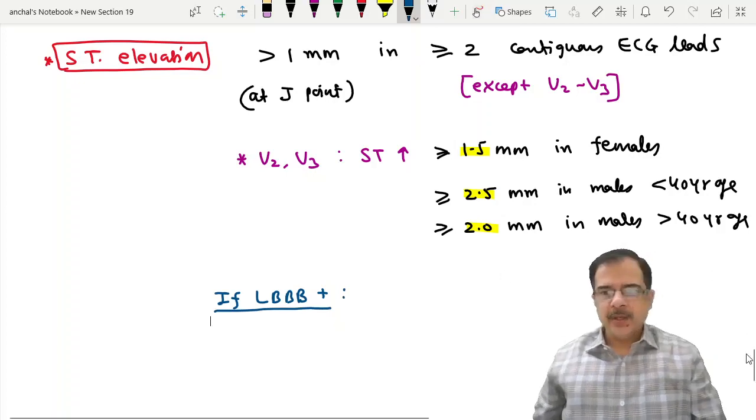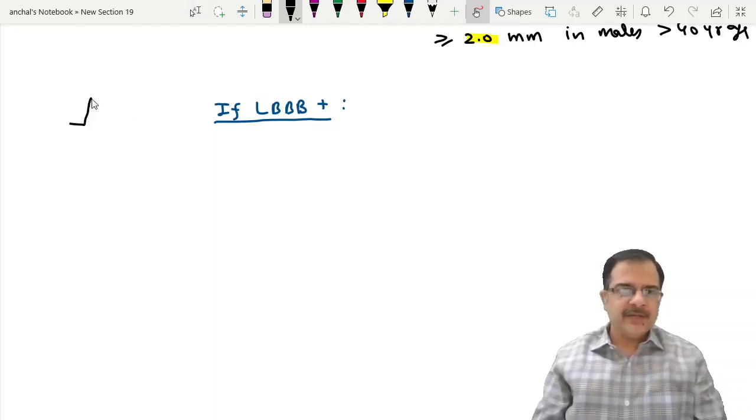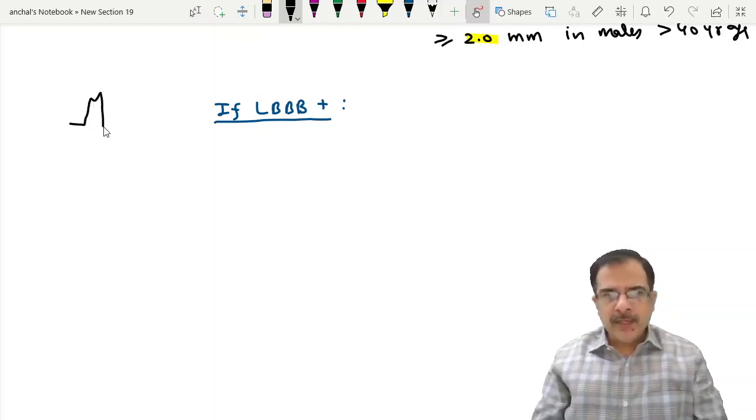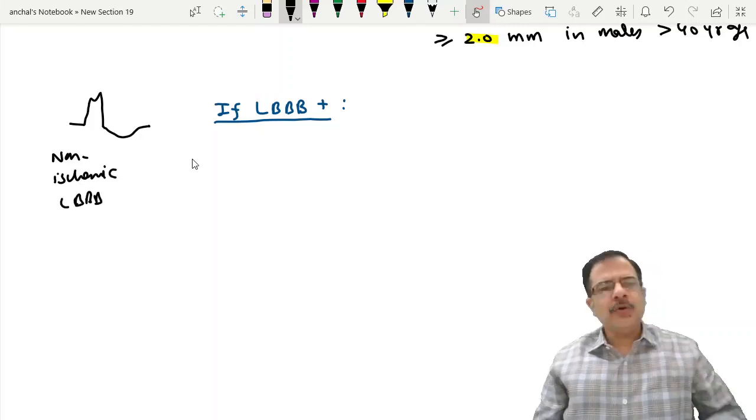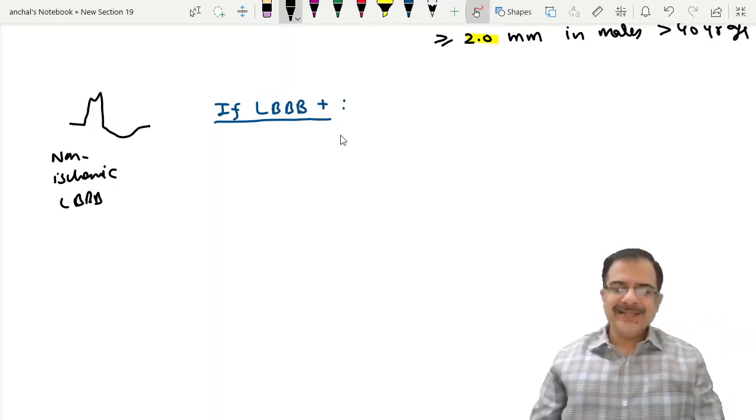Just to give you an idea, say in lead V5 this is a left bundle branch block QRS complex. Normally there is ST depression because of the repolarization defect. So this is a non-ischemic left bundle branch block, a normal left bundle branch block. This is a normal finding. So what about the ST changes?